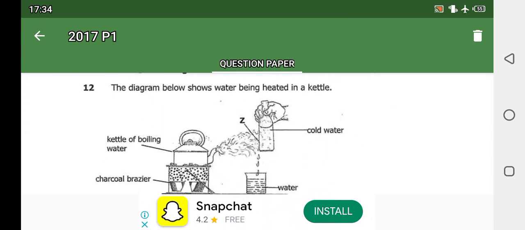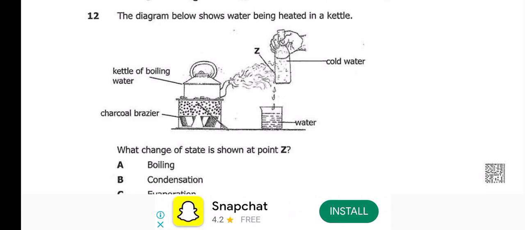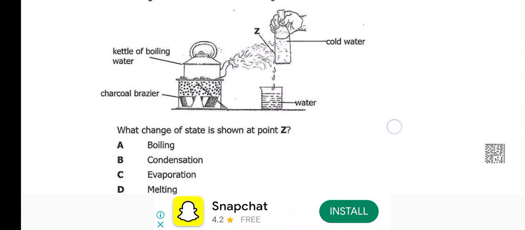Question 12 reads: the diagram below shows water being heated in a kettle on a charcoal brazier. So you can see your grandmother is boiling water in the kettle, and then you use cold water in a bottle, and wherever that vapor comes from, that's where you suspend your cold bottled water.